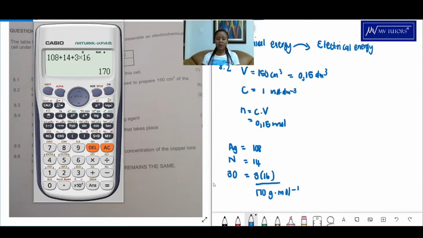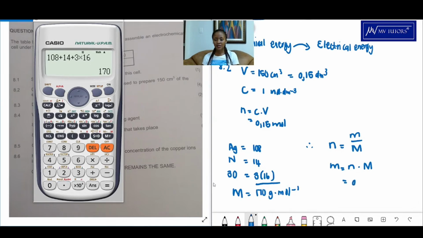Okay, so now we have the molar mass, we have n, and now we're looking for the mass. Therefore n is m over M. If you want the mass, you're going to have the number of moles multiplied by the molar mass.